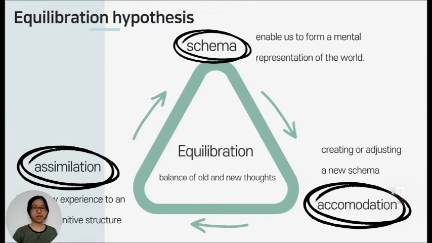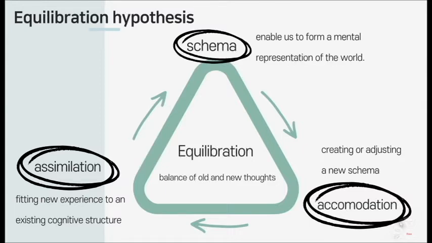Equilibration hypothesis can be explained using schema, accommodation, assimilation, and equilibration. Schema is a basic building block that enables us to form a mental representation of the world. We also have accommodation, which is creating or adjusting a new schema, and assimilation, fitting new experience to an existing cognitive structure.